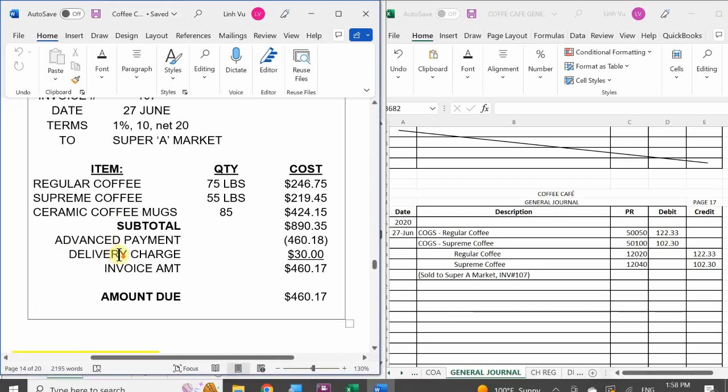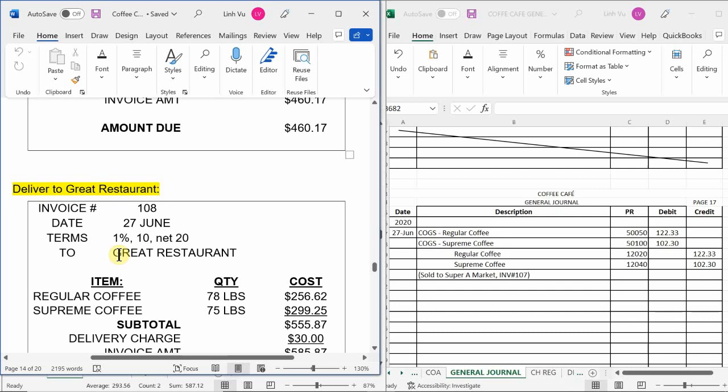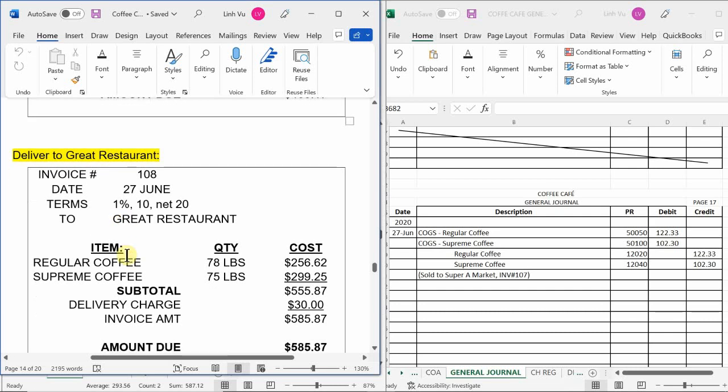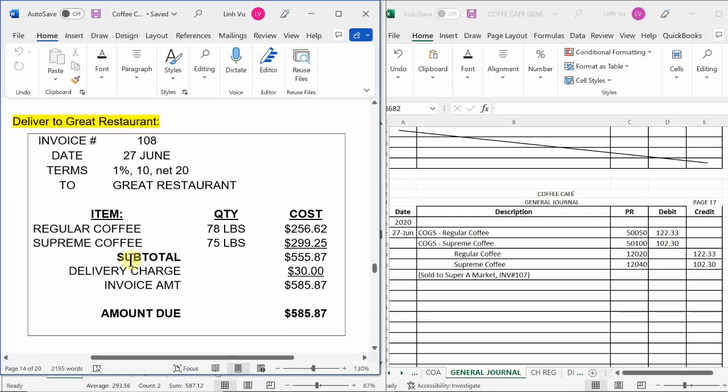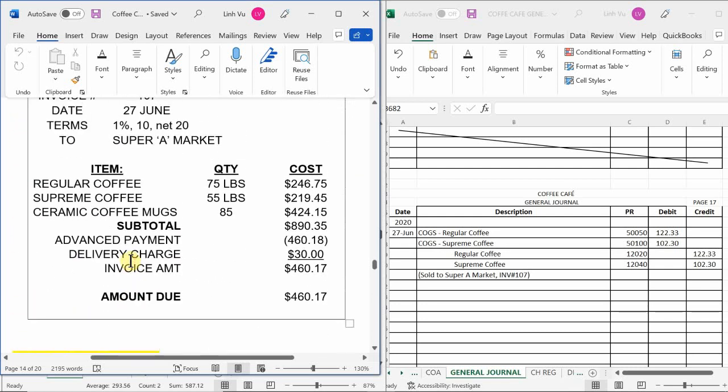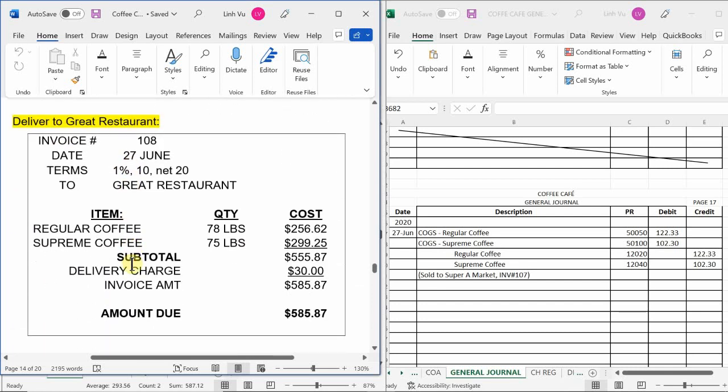All right. So I guess we're done with Super A Market. Now it says we need to deliver to Great Restaurant as well. So that's why we ran into a dilemma where we had to buy so much coffee, because not only did we sell 75 pounds of regular coffee to Super A Market, we now need to also do 78 pounds of regular coffee to Great Restaurant.